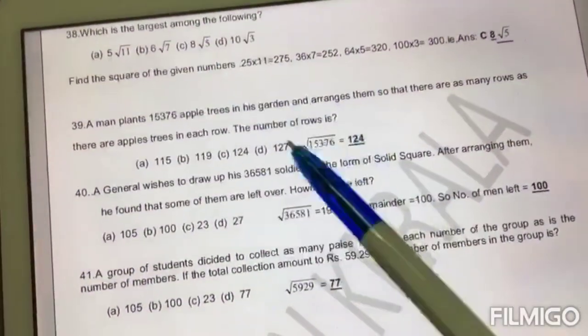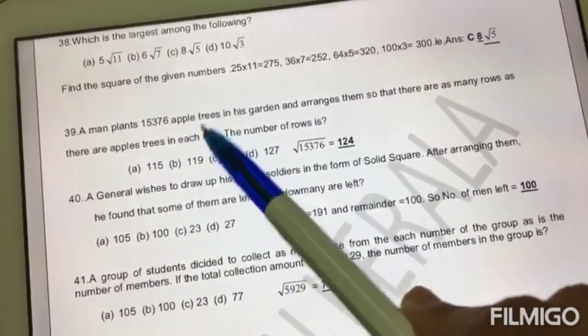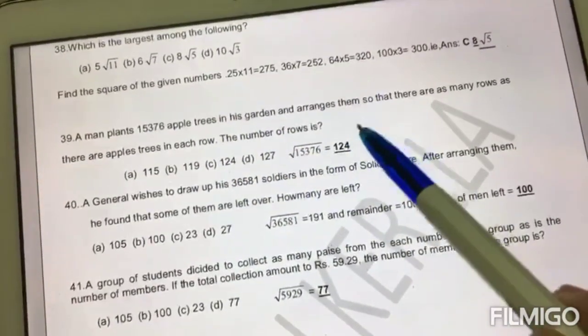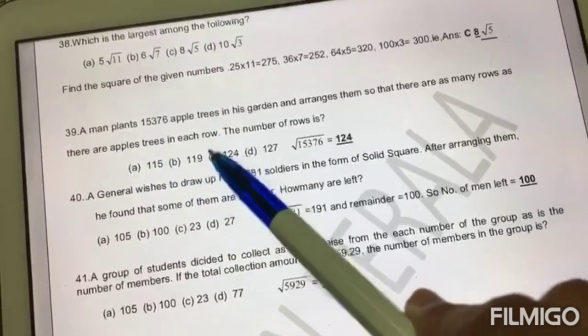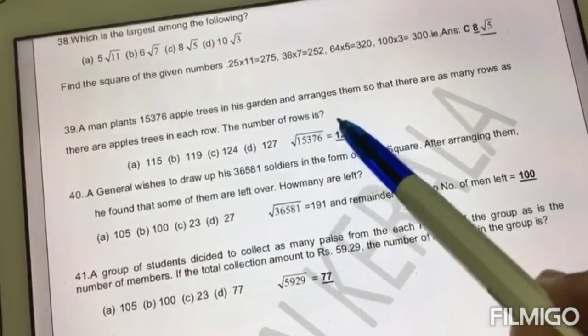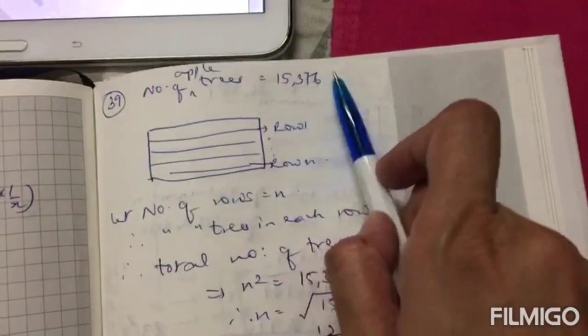Number 39. A man plants 15,376 apple trees in his garden and arranges them so that there are as many rows as there are apple trees in each row. The number of rows is how much? So the number of apple trees is 15,376.